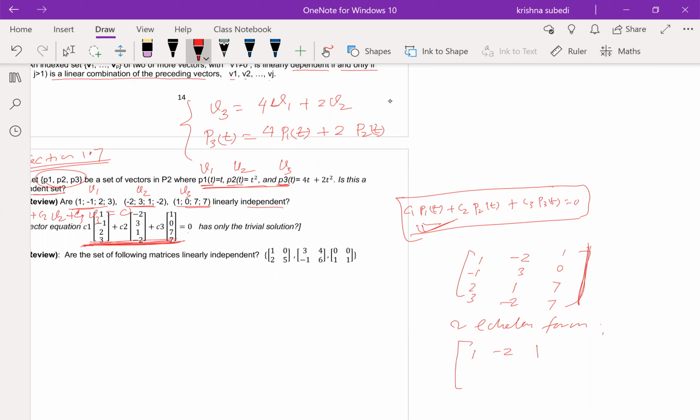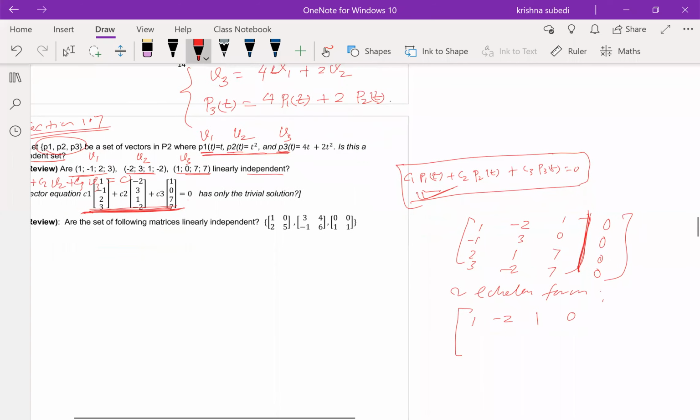You can consider this augmented matrix if you want. It's not required, but you can consider that as well if you like. Can we solve it and check if it has a free variable or no free variable? Exactly. So let me change this into echelon form.